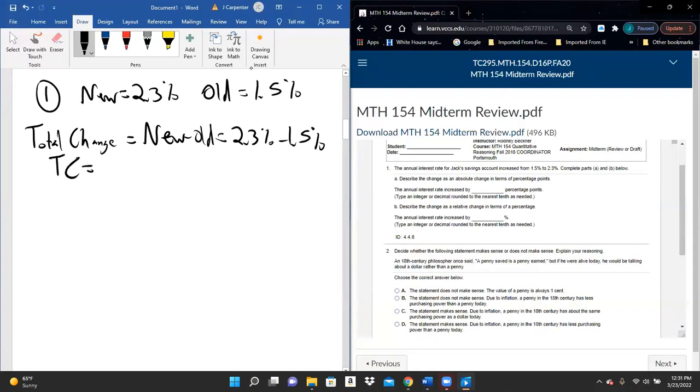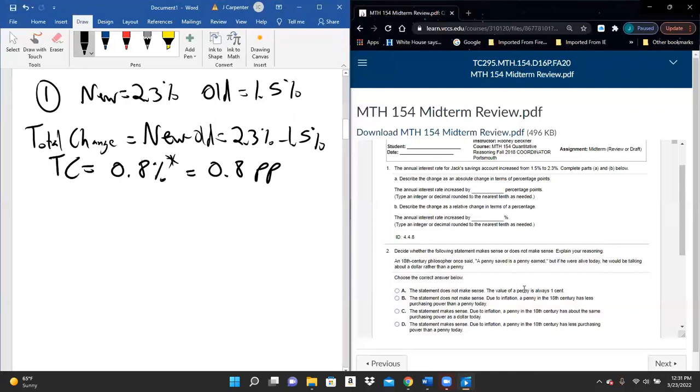So the total change should just be 0.8%. Asterisk. We don't want to use the percent symbol for a total change, so we call it 0.8 percentage points. We can abbreviate that as PP. We can use the full words, percentage points. There's variations to this as well. That's the one you should see.